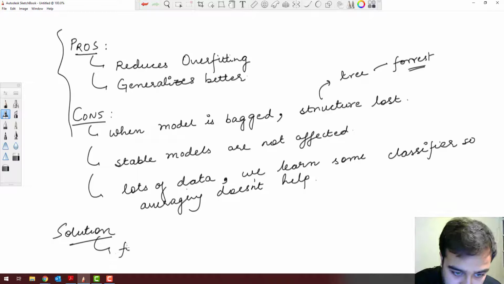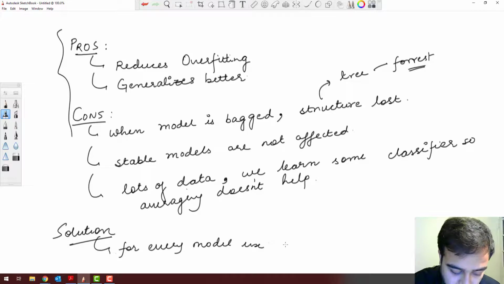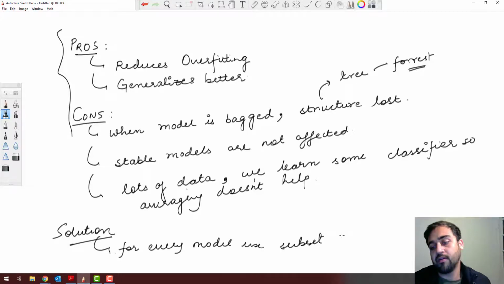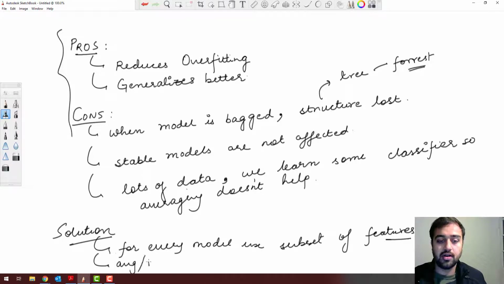So for every model, use a subset of features. This would introduce some sort of randomness in the type of data each model sees individually, right? And the other thing would be, once a model sees this subset of features and their output is given, now take the averaging or majority voting, right? So this introduces the randomness that we need to overcome the cons that are there.